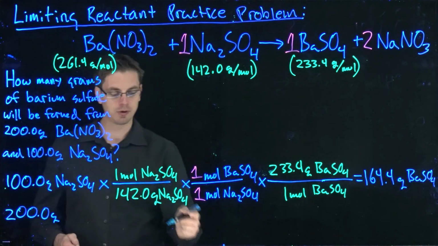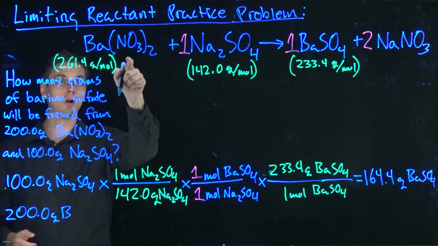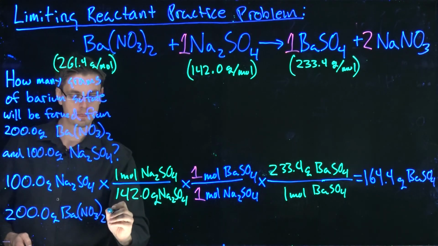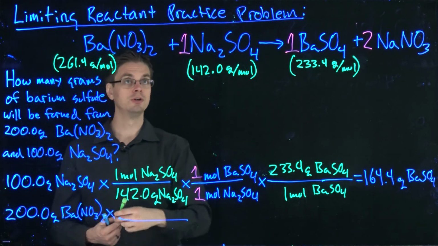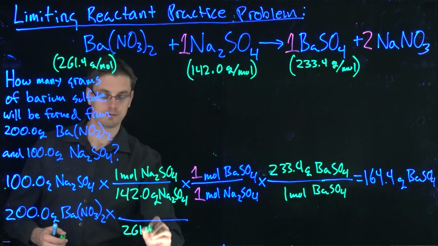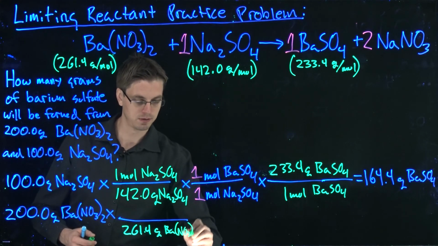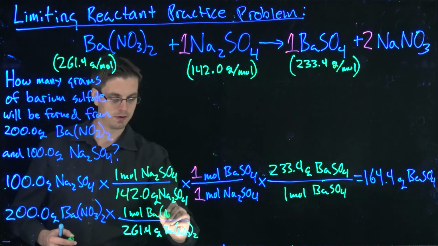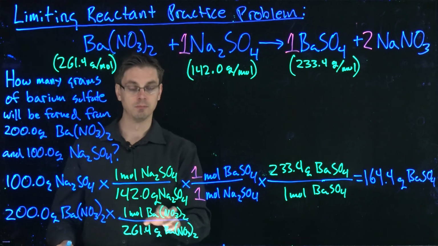We're going to now assume that we carry out the full reaction of all of our barium nitrate, Ba(NO3)2. To carry out this conversion, we're now going to use the molar mass of barium nitrate. Dividing through, we get 261.4 grams of barium nitrate for every 1 mole of barium nitrate. Now we are in units of moles of barium nitrate.